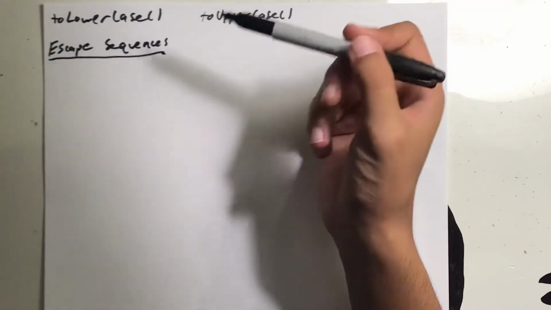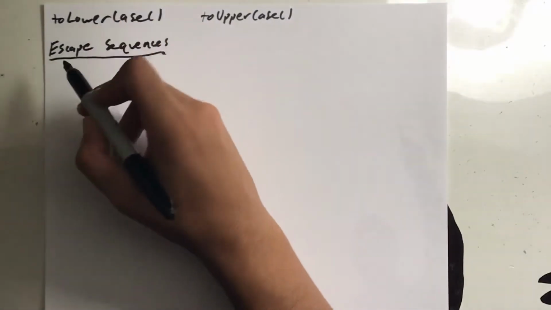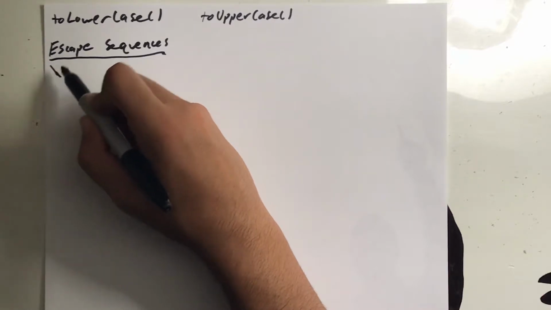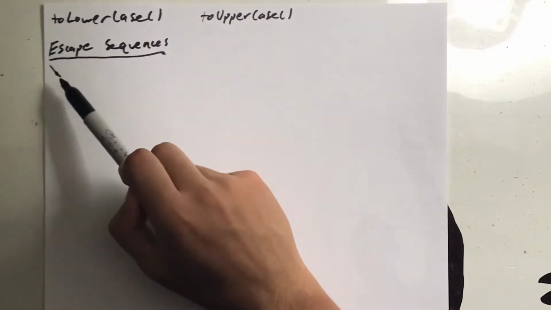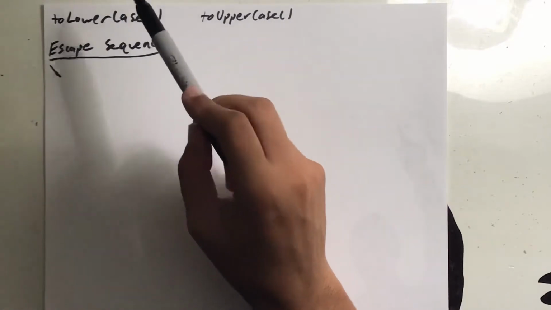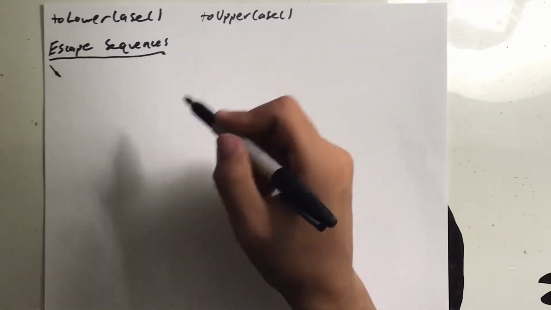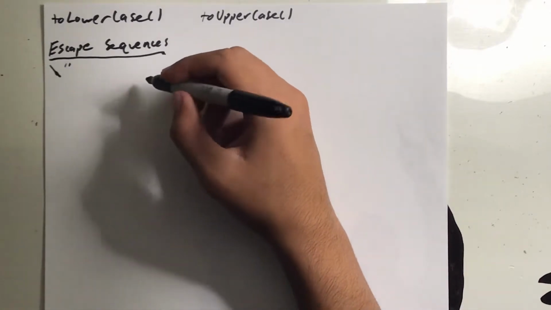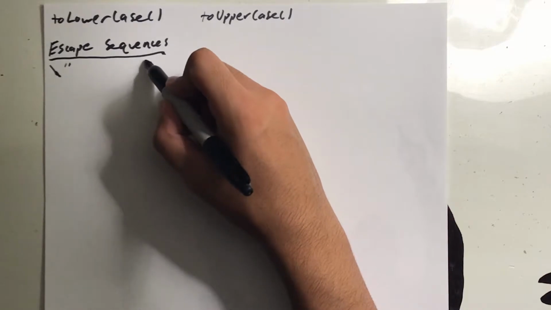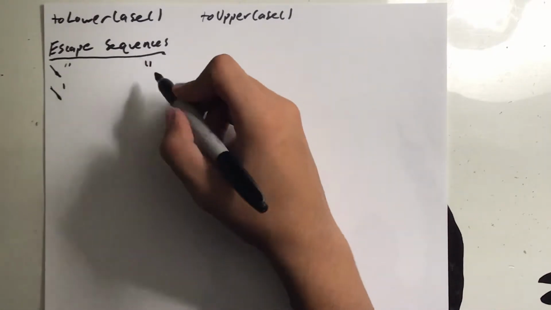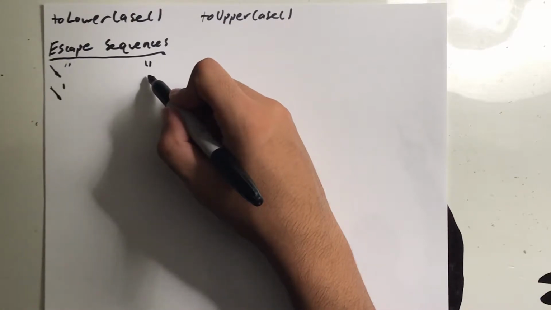So if you want to print quotes, you would use a backslash. This backslash means that you're going to use an escape sequence. The symbol right after it is what's going to be printed. So backslash quotes means that you're going to print a quotation mark, right? Backslash apostrophe means you're going to print an apostrophe.